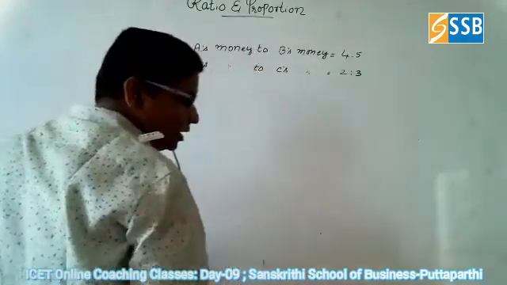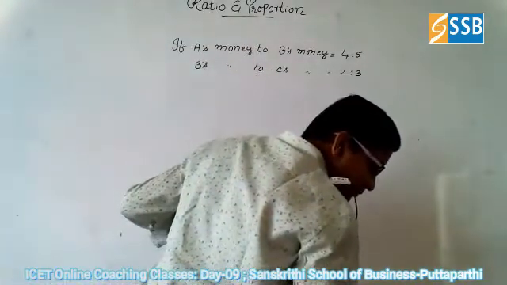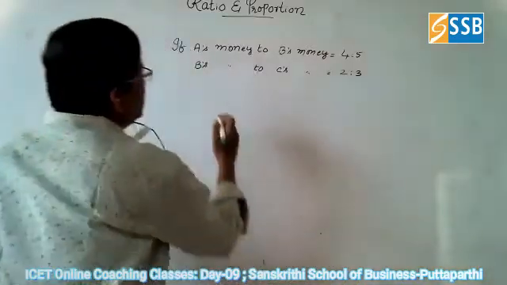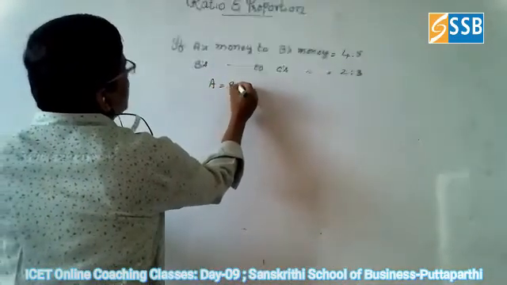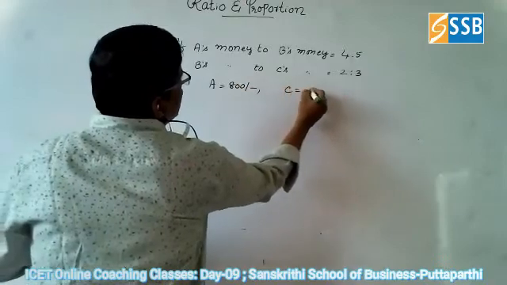Then the total money is, and A has 800, A's amount is 800, then what is the C amount?